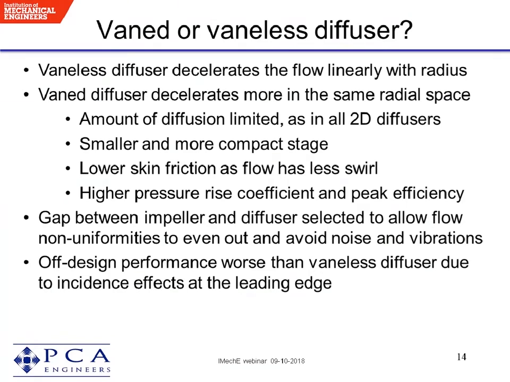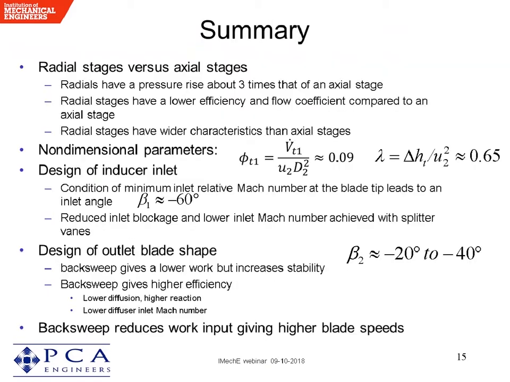Unfortunately, vane diffusers are better in terms of efficiency, but because of the vanes, as you move to off-design operating points, they tend to have less operating range than vaneless diffusers. So finally, a summary. Radials versus axial stages. Radials have a pressure rise about 3 times that of an axial stage.